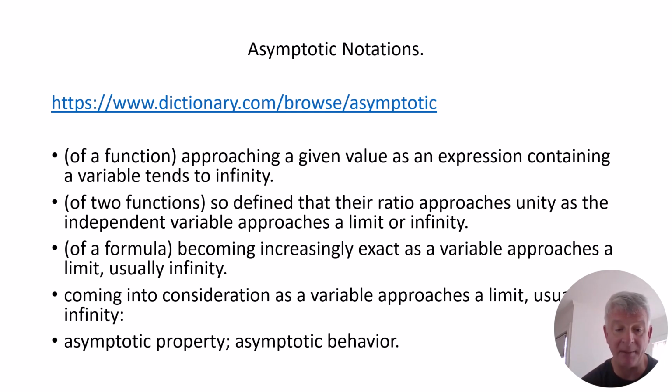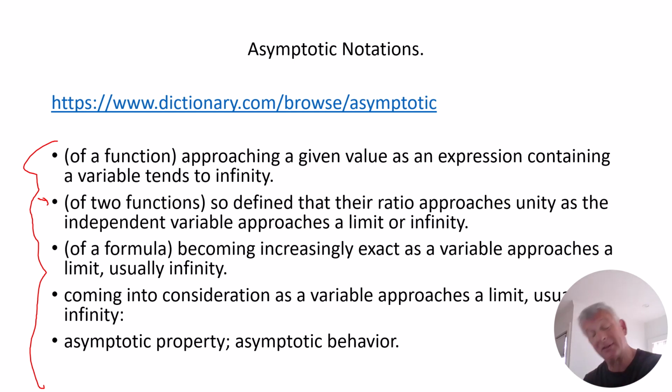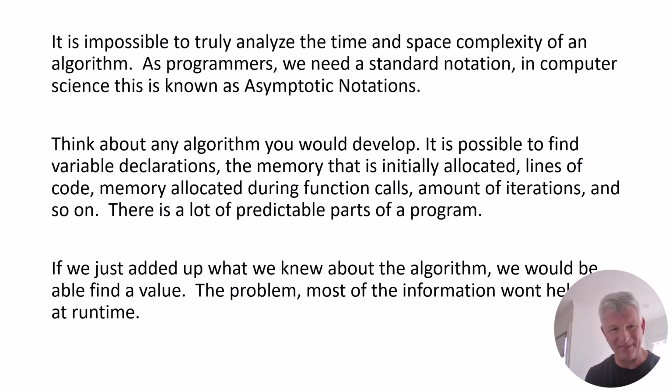Now we have asymptotic properties and asymptotic behaviors. Now this is what I'm trying to get away from. You'll get to these later in your academic career. Right now, let's just understand Big O a little bit. I don't want you to think, oh, I'm going to learn Big O, and then you start reading this and say, I'm not going to learn Big O. So don't worry about this.